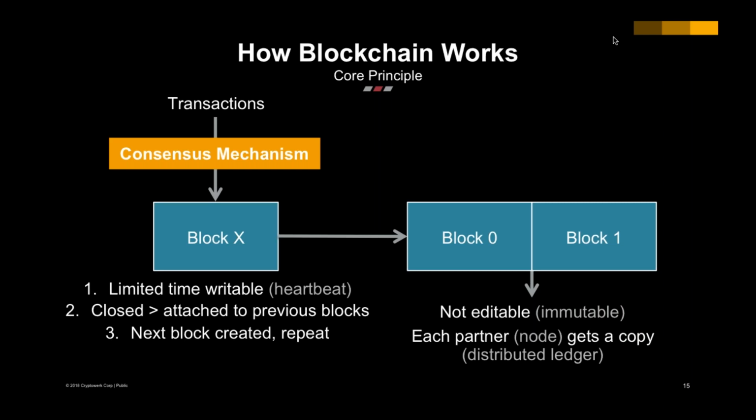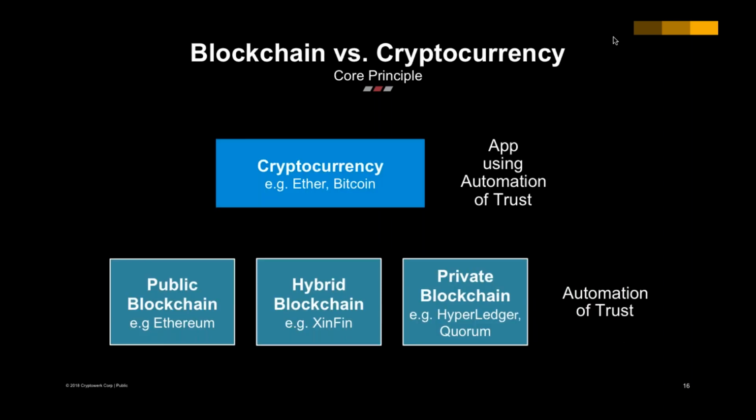You get something that cannot be forged, that cannot be hacked, and everyone that has access to this block can look into it. So let's talk a little bit about the difference between cryptocurrencies and blockchain in general. And you see down here the public blockchain, hybrid blockchain, and private blockchain types. So there are different types, and with some of these examples that I mentioned, Ethereum, for example, is a public blockchain.